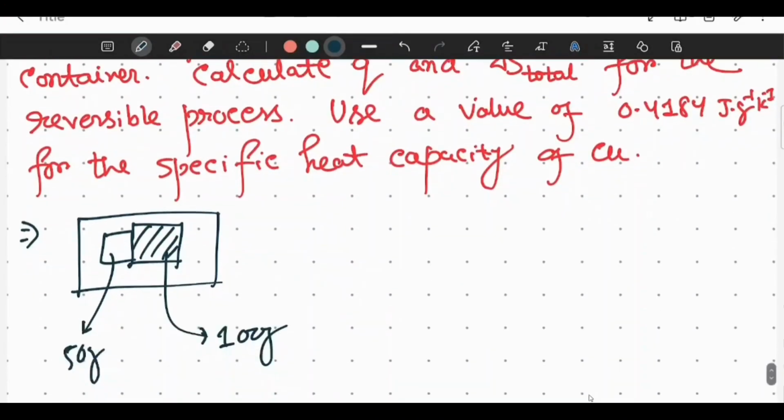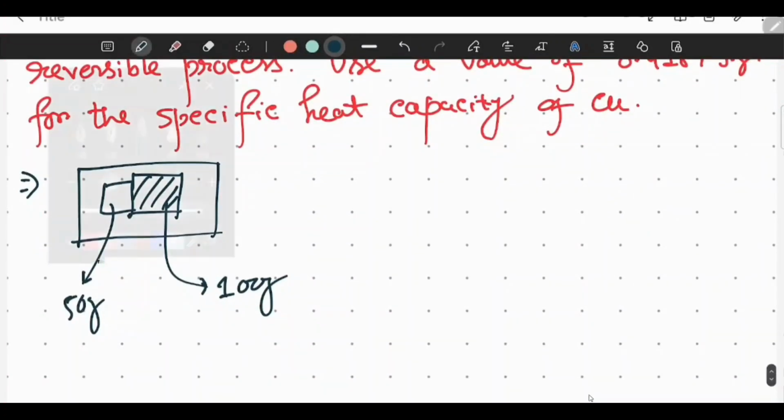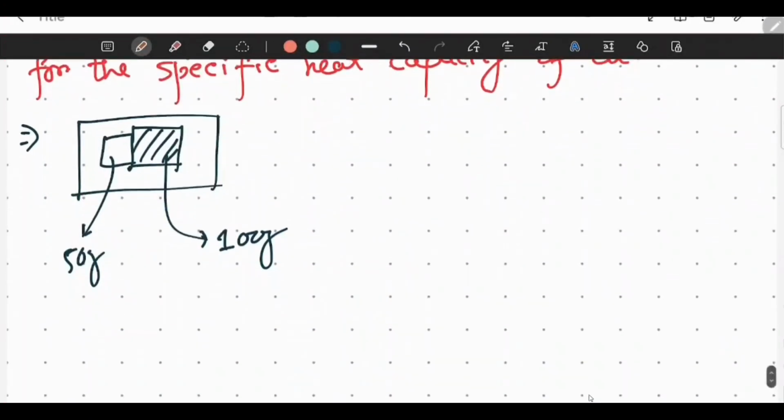So we know for heat exchange, from our class 12 level, that it is M into heat capacity C del T, for any mass, M C del T. So we know this formula.